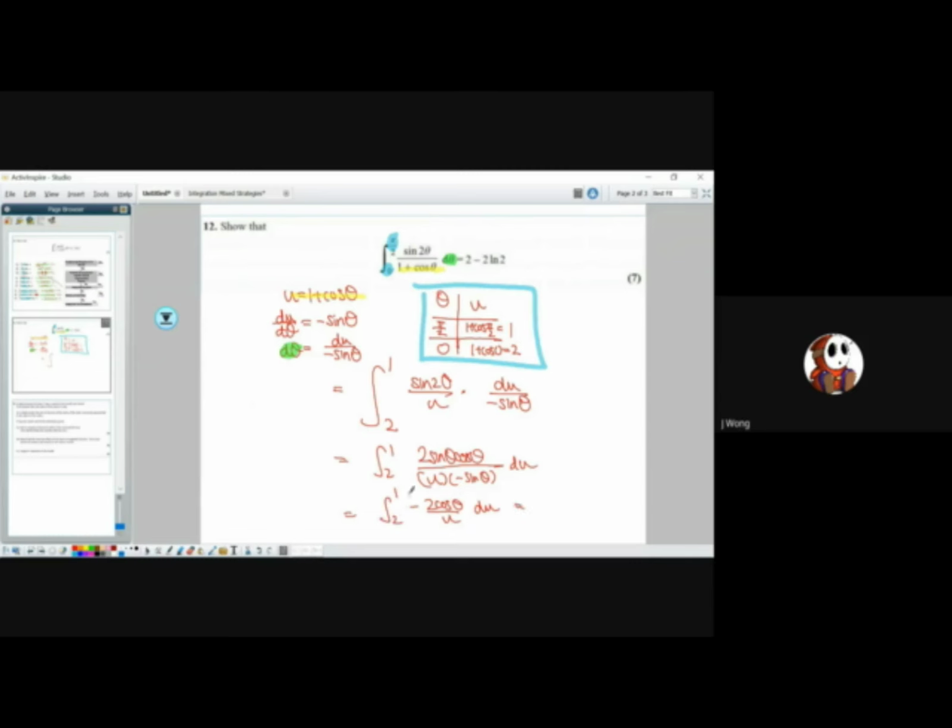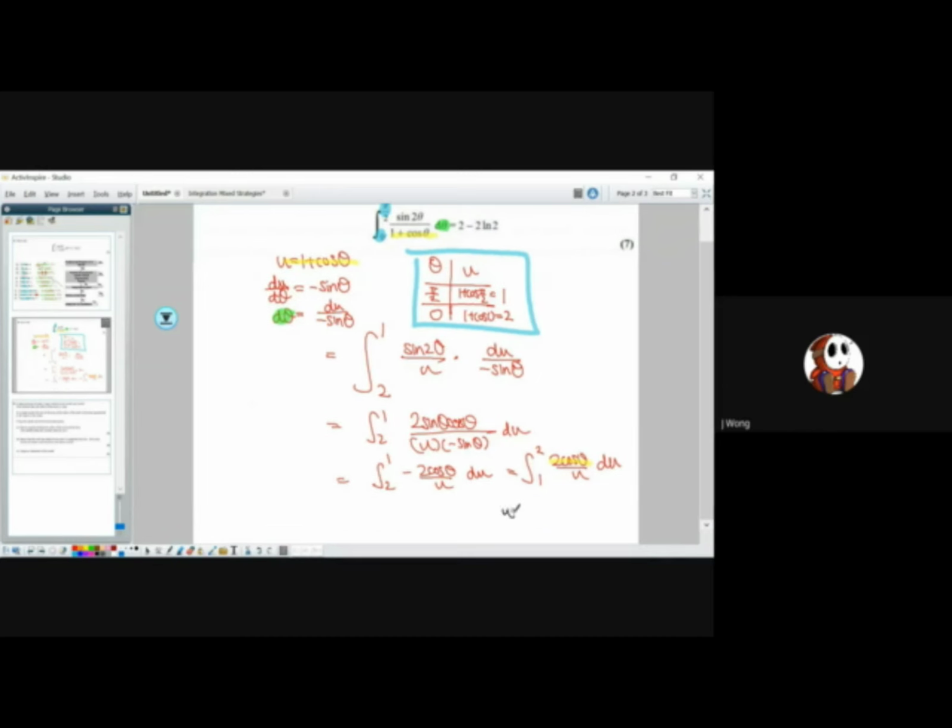Then you could swap the limits, and that will give you the integral from 1 to 2 of 2 cos θ over u. Now we could rewrite this 2 cos θ in terms of u, since u is 1 plus cos θ.